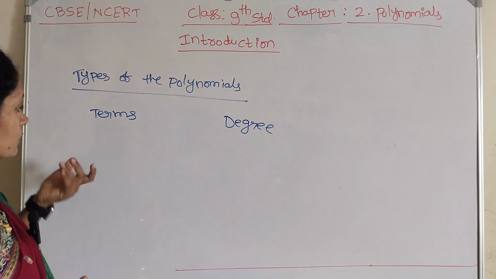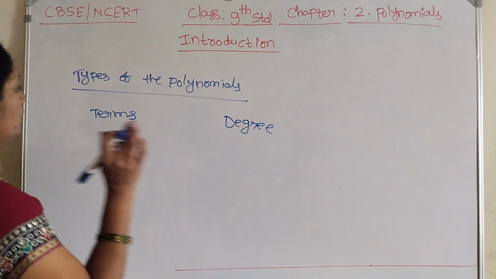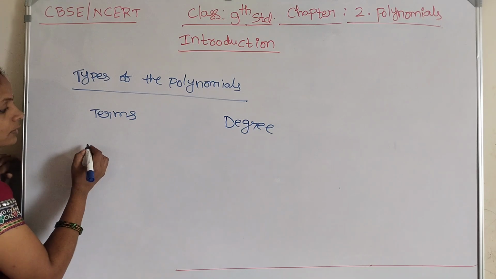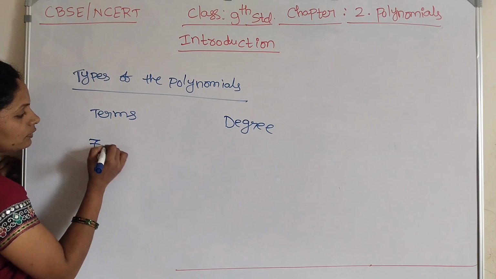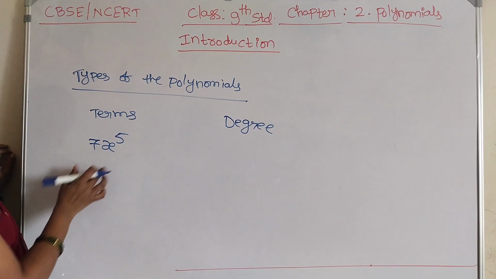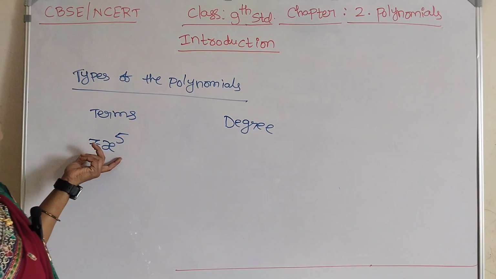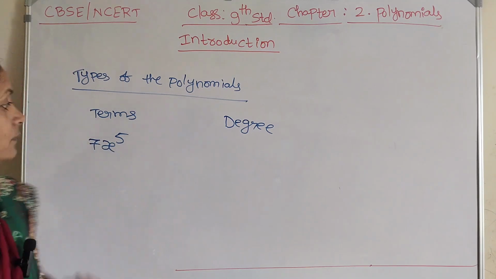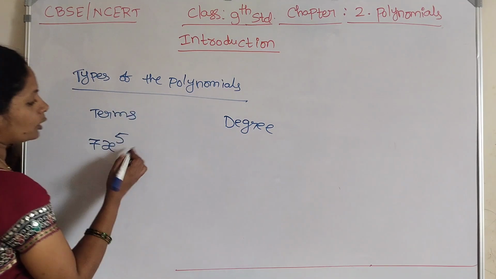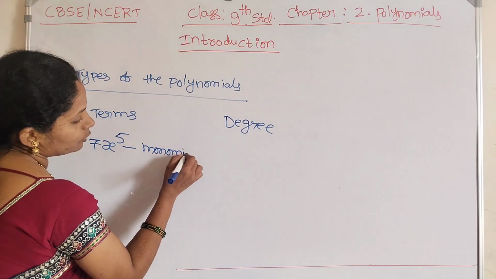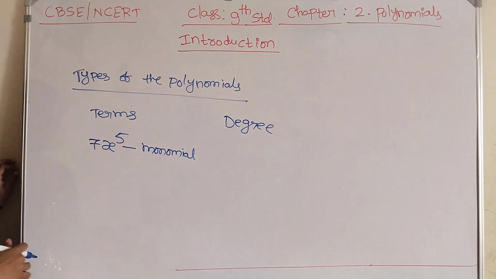Terms means how many terms are there in that polynomial. 7x to the power 5. In this, if only one term is present, then this type of polynomial is called a monomial. Mono means one only. That's why.